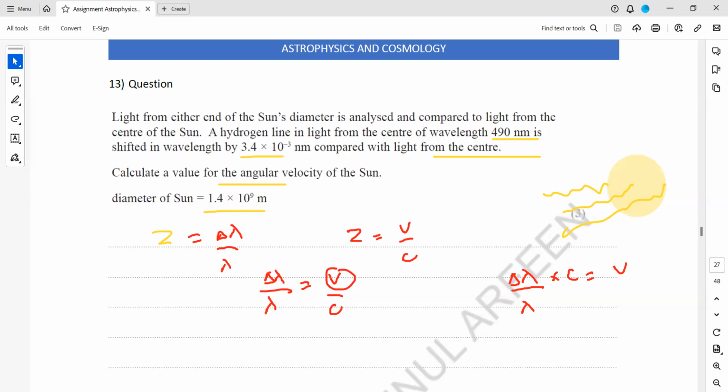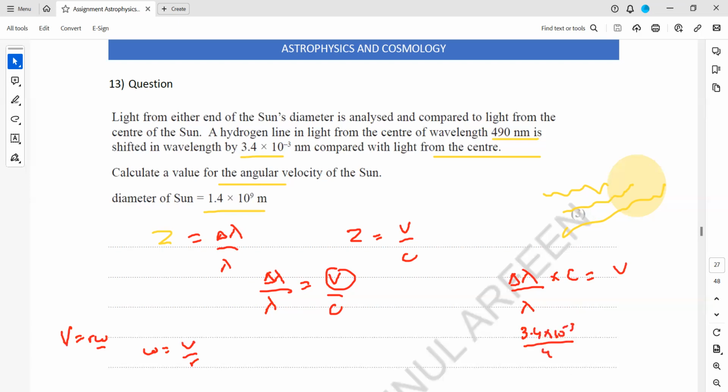And to work out the angular speed, we use the angular velocity formula, that is v equals r omega. So if we need angular velocity omega, it will be equal to v over r. The diameter is given, so we'll work out the radius. The change in wavelength, according to the question, is 3.4 times 10 to the power minus 3.